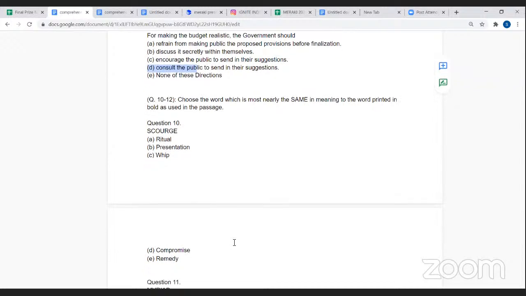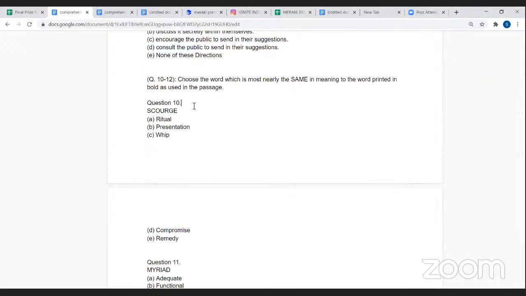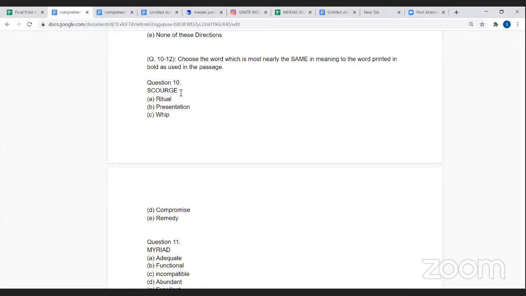Now these are synonyms. You need to choose a synonym for these. First one is scourge. What is the meaning of scourge? Whip. Okay, whip, you mean. That is the exact meaning, right?